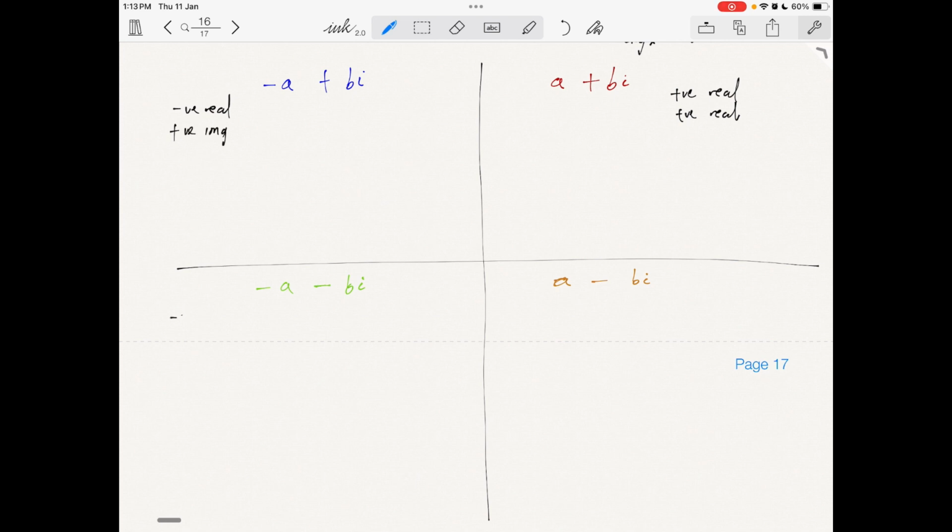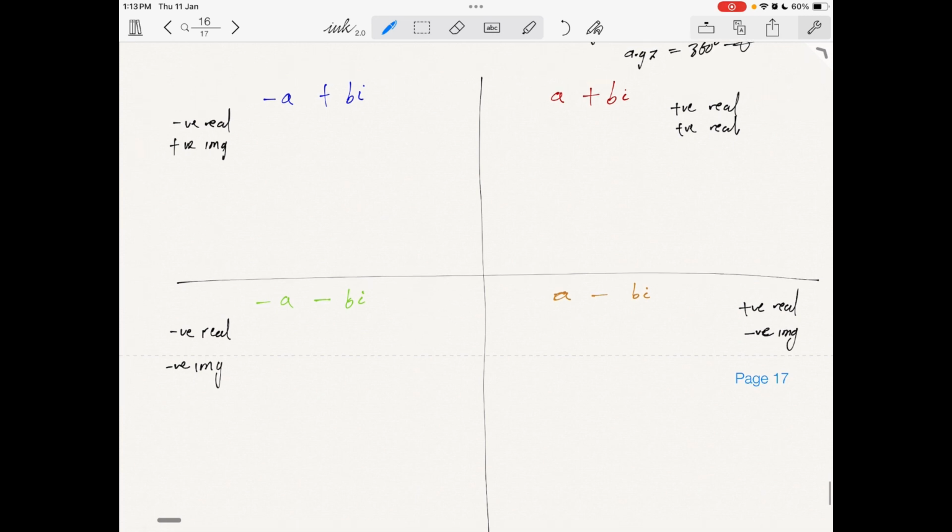This has a negative real part and a negative imaginary part. And finally, there's a positive real part and a negative imaginary part. So we can now go back to them one by one.